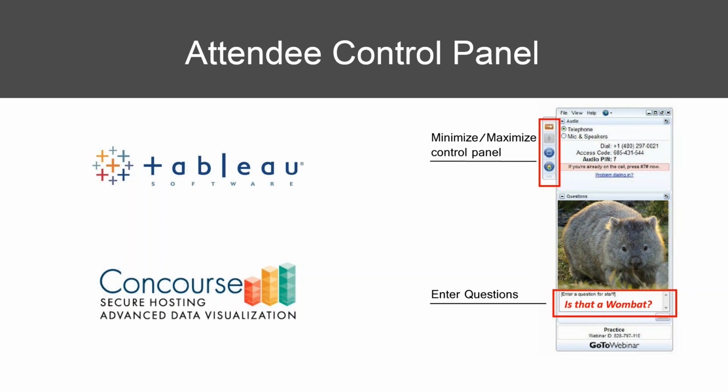Go to Webinar Control Panel. That's what this screen is showing you here. What we recommend you do is take the section under the wombat there, which is titled Questions, and pop that out. You can just click on that little box there with the arrow in it, and it will pop it out. And then you can hit the red arrow at the top of the control panel to collapse the rest of the control panel down.